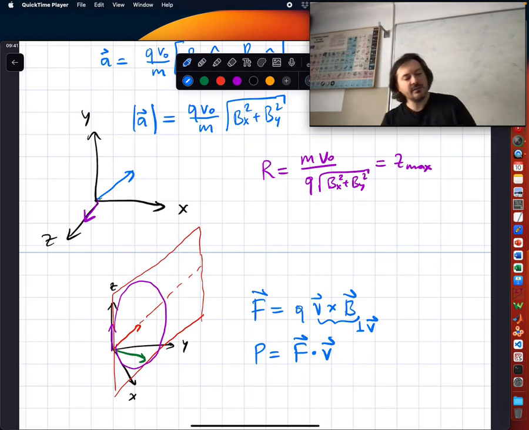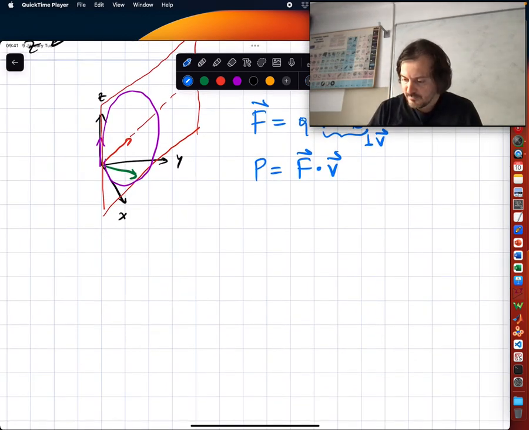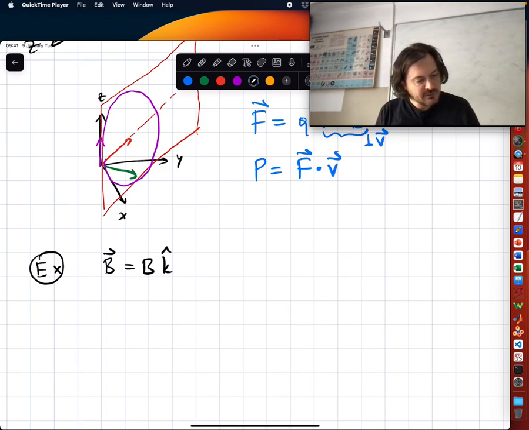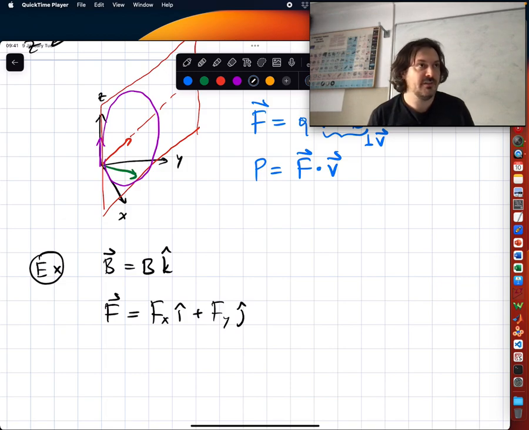Okay, yet another question coming. A particle with charge Q is moving in a uniform magnetic field, and the field is like so. The magnetic force on the particle is measured to be Fx i plus Fy j. Calculate the velocity components of the particle that you can from this information.